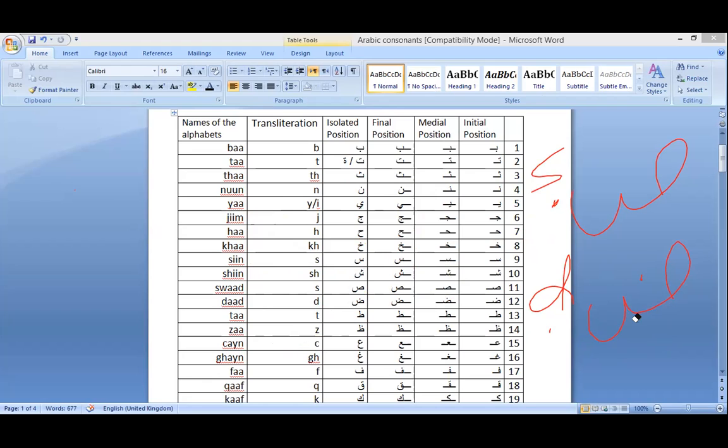Even other languages that Arabic has influenced find it difficult to write this. But with practice, you can easily pronounce it. So this one is called Da. For example, this name Rawda.